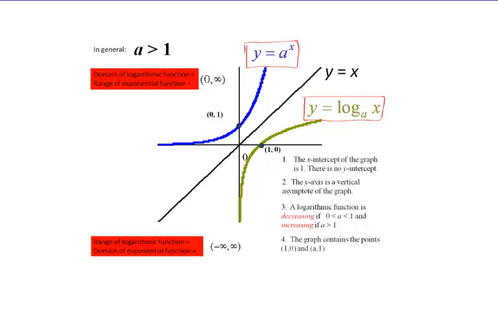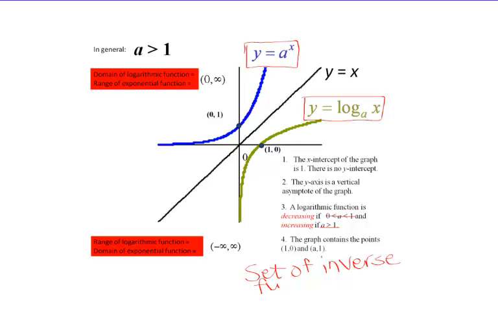Logarithmic functions have a vertical asymptote that is the y-axis, again, if they haven't undergone any translation or reflection. We know the logarithmic function is decreasing if the base is between 0 and 1 and increasing if the base is greater than 1. We know that they are a set of inverse functions.